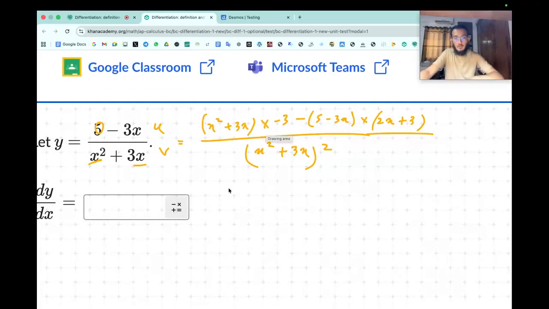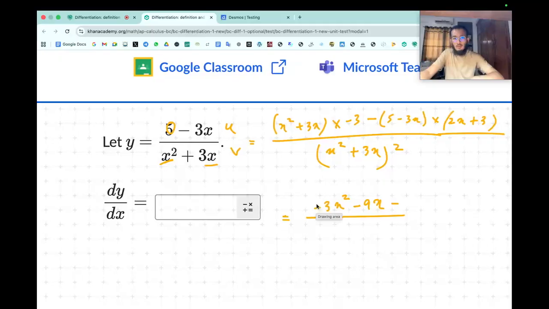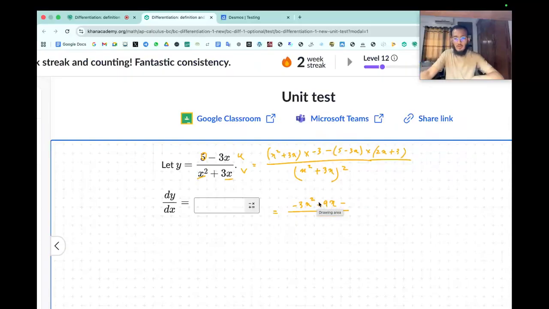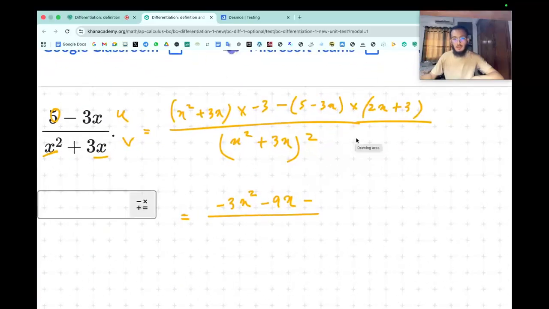So if you multiply it with the negative 3, we have negative 3x squared, negative 9x. Okay, why do you have to simplify? I don't understand. I can plug in right like this. Any issues?